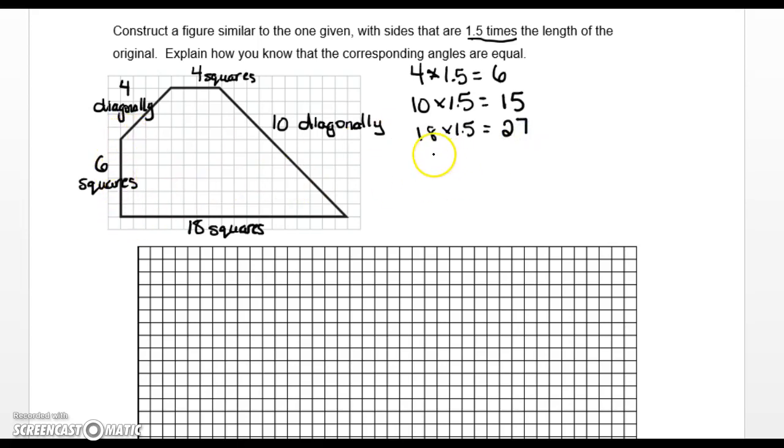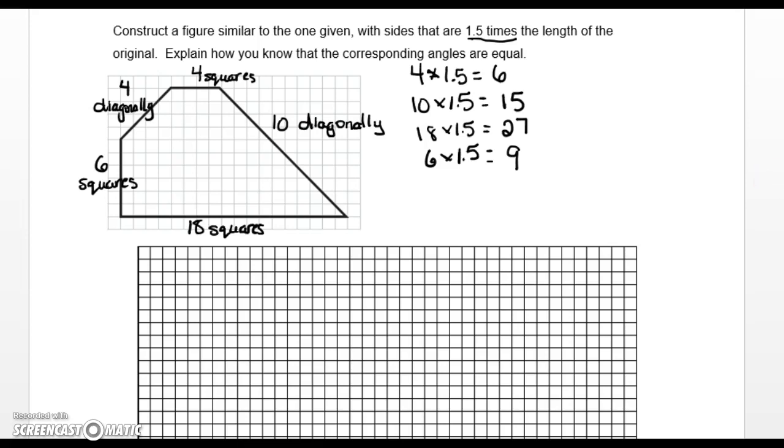Going up to 6 squares, times it by 1.5, and that gives us 9 squares. Now you don't have to do this diagonal one again because you've already calculated the expansion with this 4 squares. So you will get the exact same answer. These here will be the dimensions of our enlarged shape.